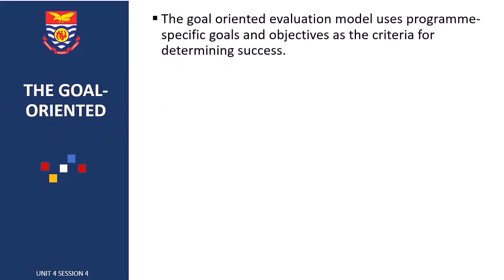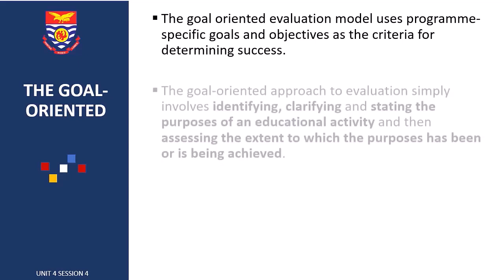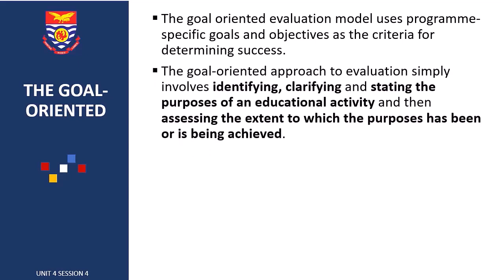The goal-oriented model uses program-specific goals and objectives as the criteria for determining success. This evaluation involves identifying, clarifying, and stating the purposes of an educational activity, and then assessing the extent to which the purposes have been achieved or not.